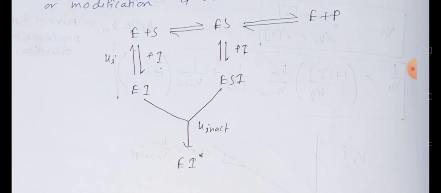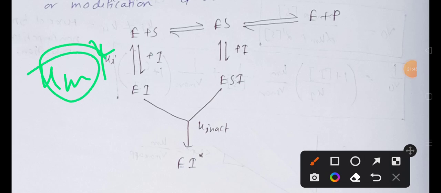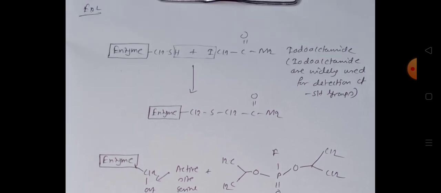Here we will not talk about how the kinetic parameters change, because it is irrelevant. We have to learn about the change of kinetic parameters especially for reversible inhibition, right? But in case of irreversible inhibition, one thing is very important, that is the examples.